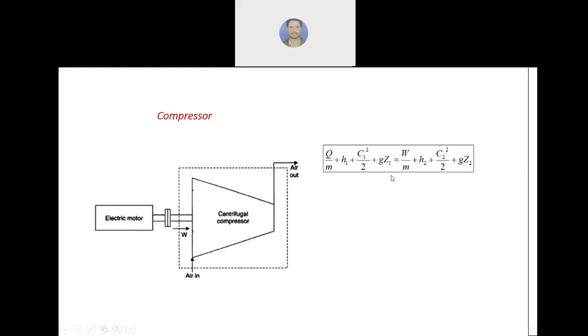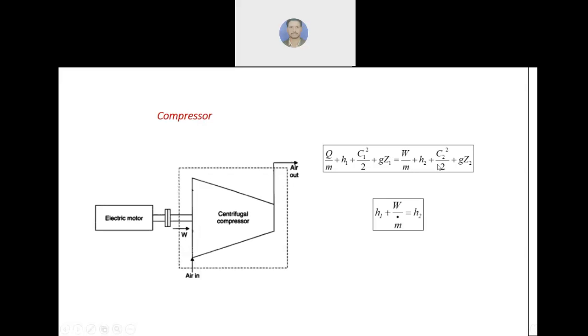And what about velocity? This is neither a nozzle nor a diffuser. So here we assume that the change in velocity is comparatively very less. Relative change in velocity is very less, so you can neglect this.